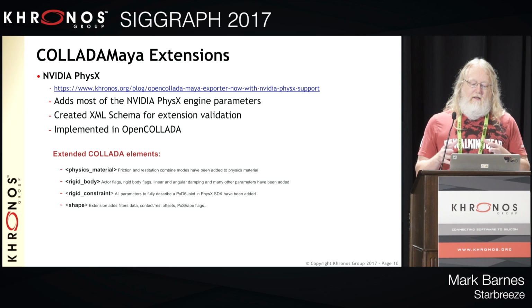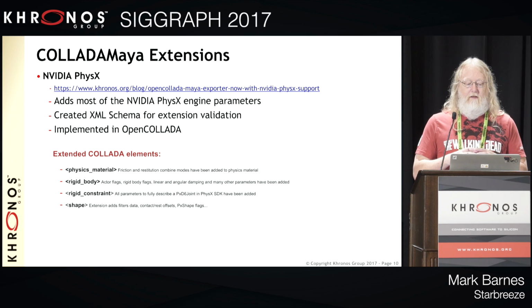Then rigid body is the thing that connects those to perhaps geometry in the scene, visual or non-visual geometry. Rigid constraints obviously are parameters that control how those bodies work, and then shapes pull it all together. So there's quite a bit of new data that's available in these PhysX extensions.